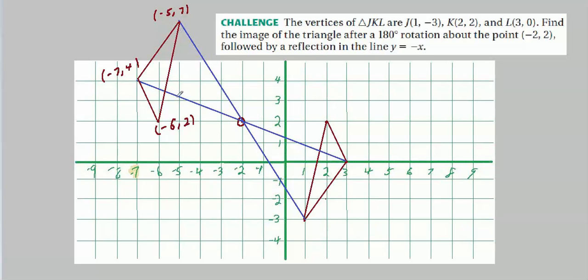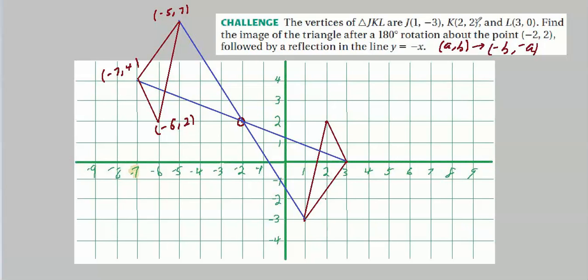Now we're going to reflect this about the line y = -x. And that's easy because we get a nice simple rule for that. Remember, I write it right here, (a, b) goes to (-b, -a).